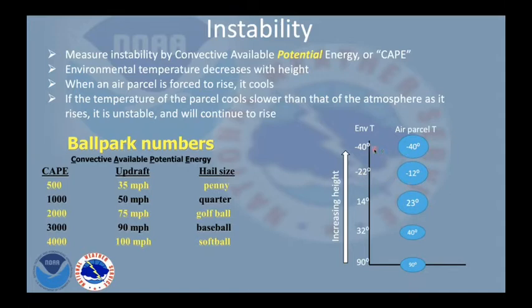And then eventually you get to this point where you reach equilibrium again. The environmental temperature and the air parcel temperature are the same thing. So here at minus 40, this generally occurs at the tropopause, which is the boundary between the troposphere, where all of our weather is, the air that we're breathing right now, and the stratosphere, which is an area directly above our troposphere that's warmer than the air just directly below it.